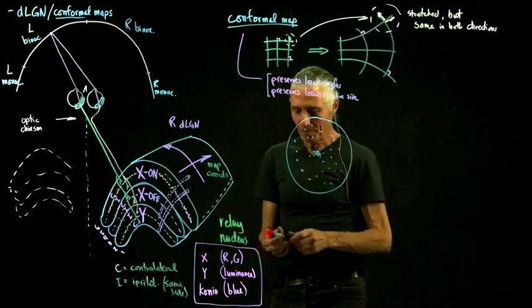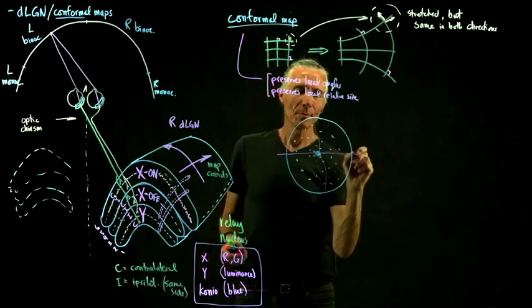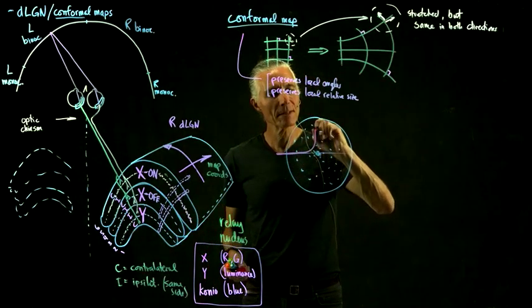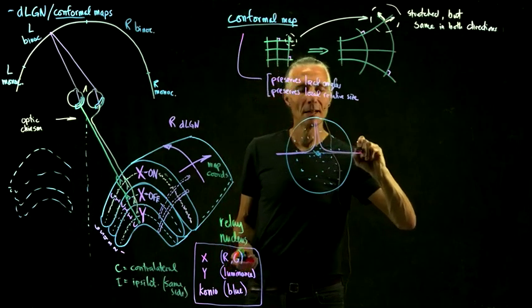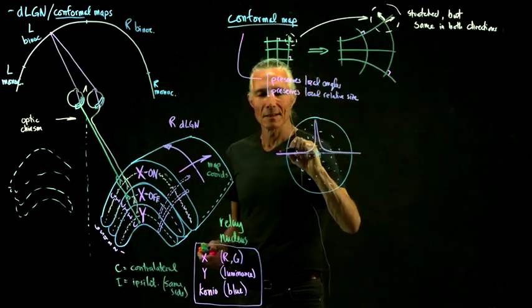So if I just plot a density of the retinal cells across, you would see there's this big spike right in the middle, if I just did one dimension of density.